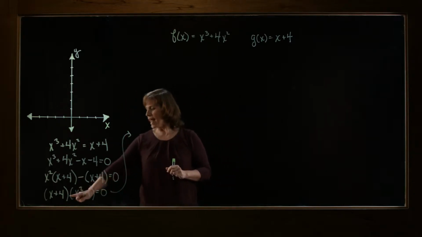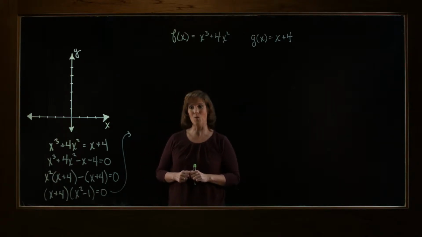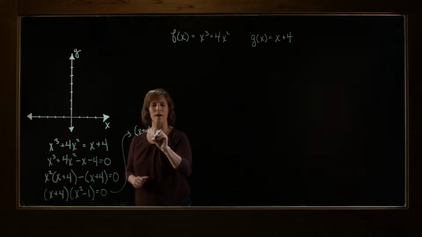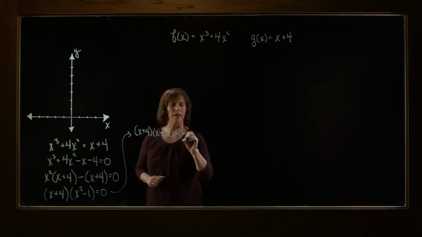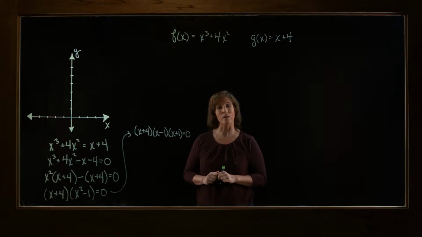All right, now my factor x squared minus 1 can be factored some more. So I'll have the quantity x plus 4 times the quantity x minus 1 times the quantity x plus 1 equals 0. I now have 3 things multiplied together that equal 0. One of them's got to be 0.